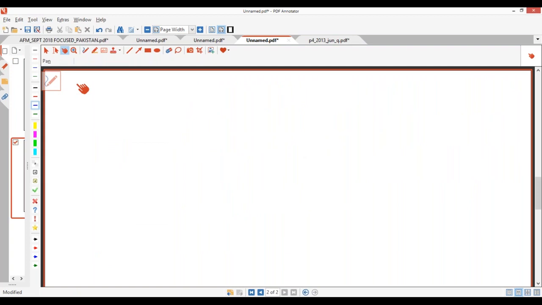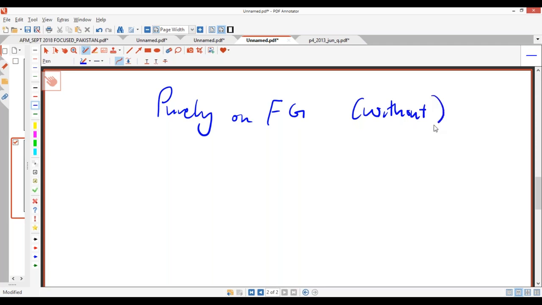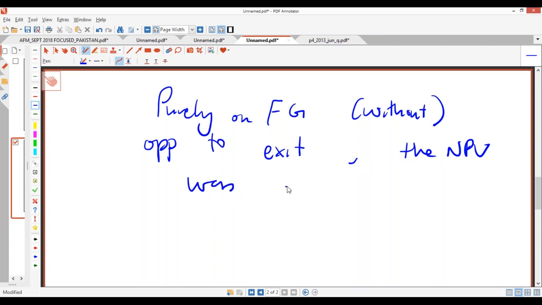There are sometimes no marks for bringing that in, but I would very quickly, in the first paragraph, say: purely on financial grounds, without the opportunity to exit, the NPV was negative $450,200, from Appendix 1.